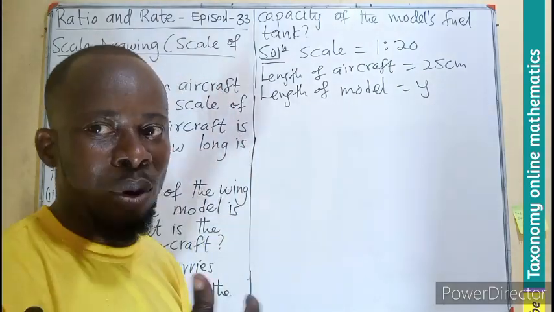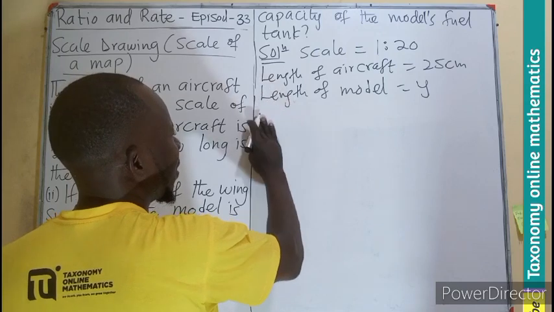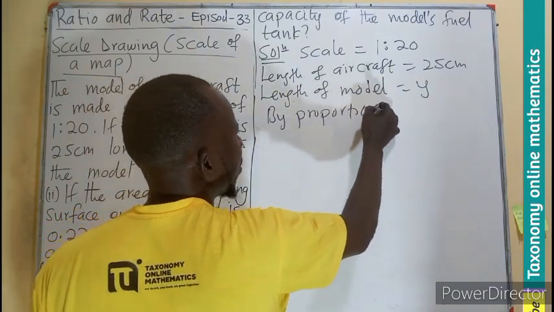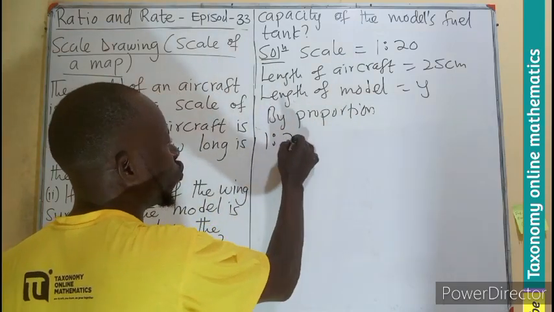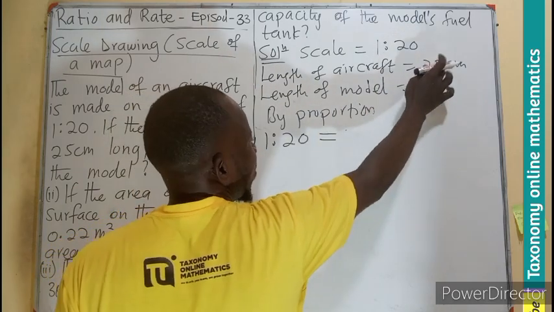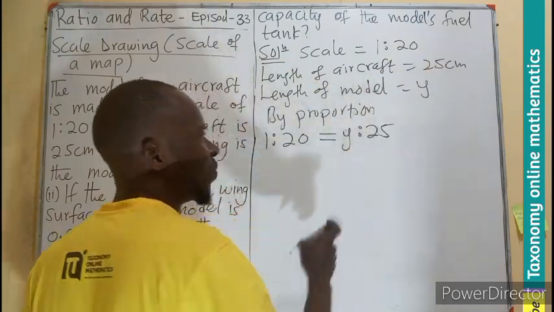So we can write that as a proportion. By proportion, we can have 1:20 equals y to 25.